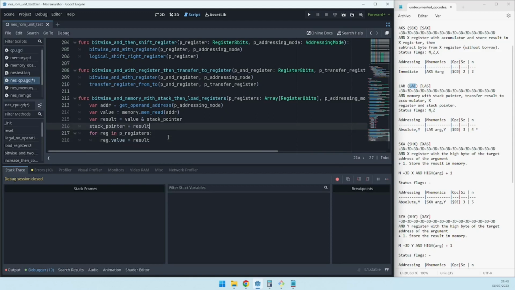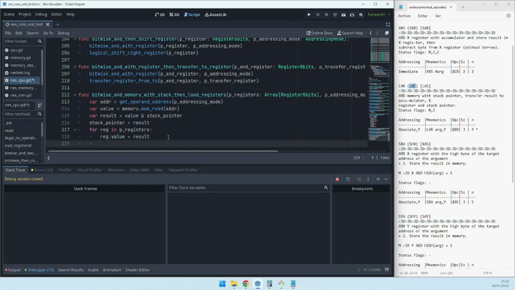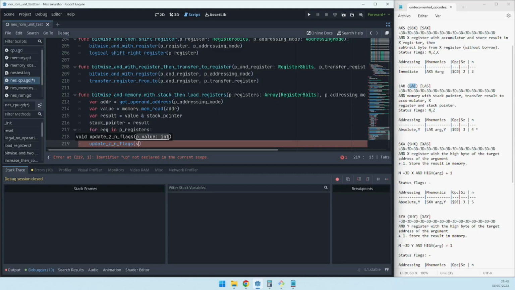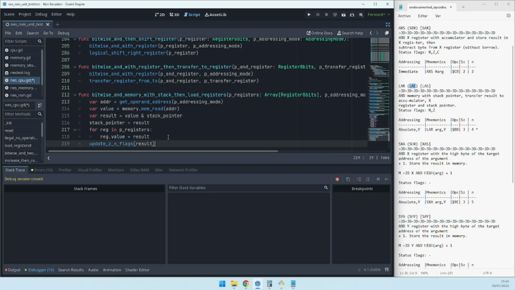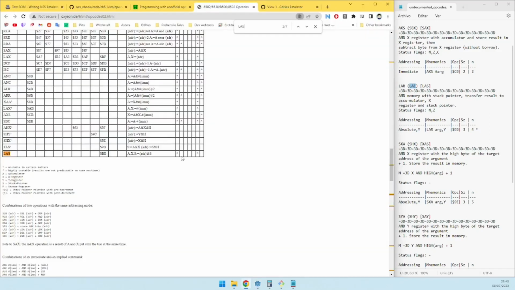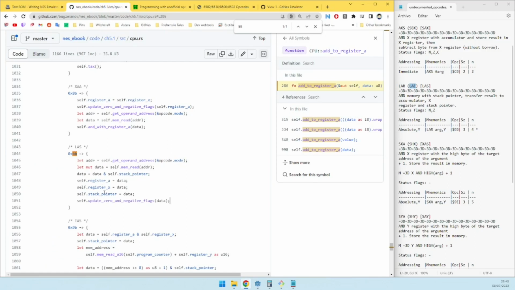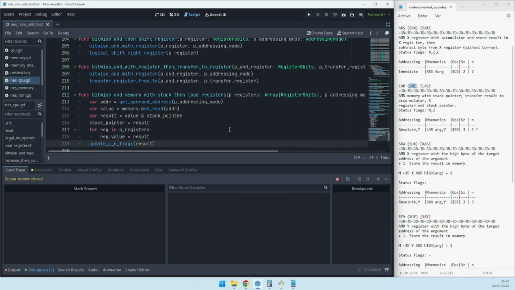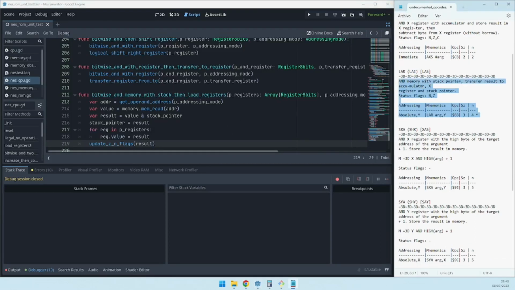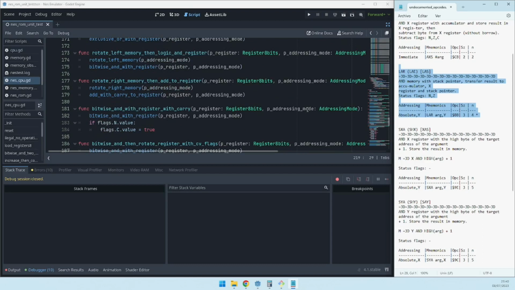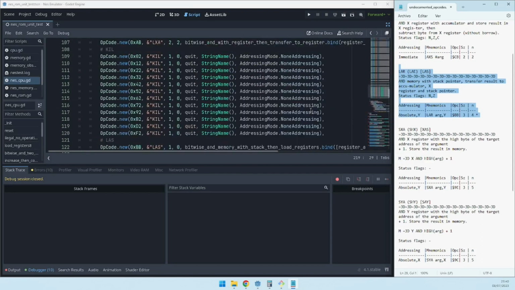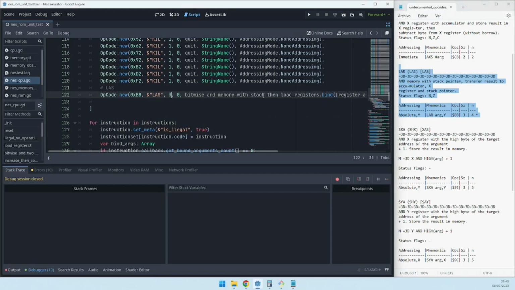So we set the stack, set the two registers, and now we have to update zero and negative with result. Did I miss something? I think not. So this one is done. Wait a second. Almost forgot. It is 3 bytes and 4 cycles.